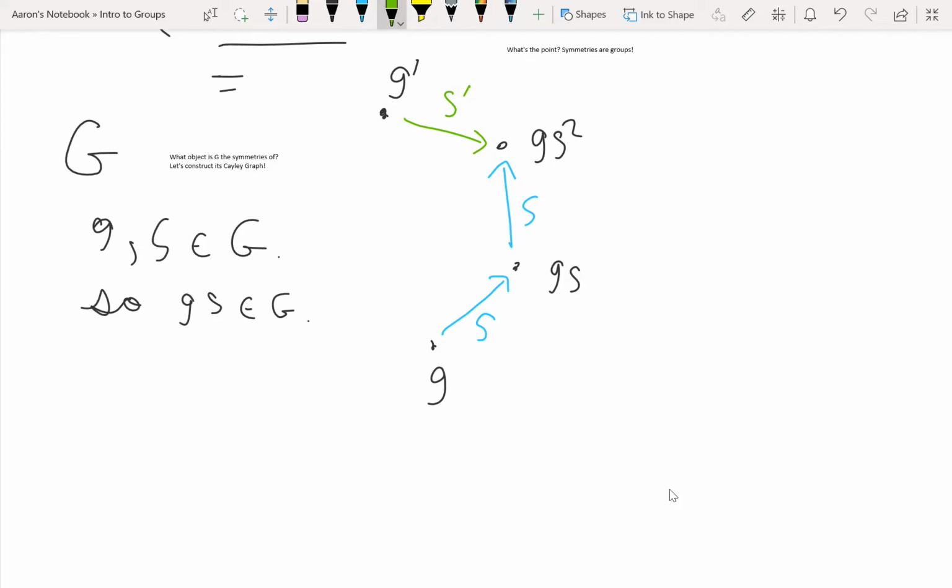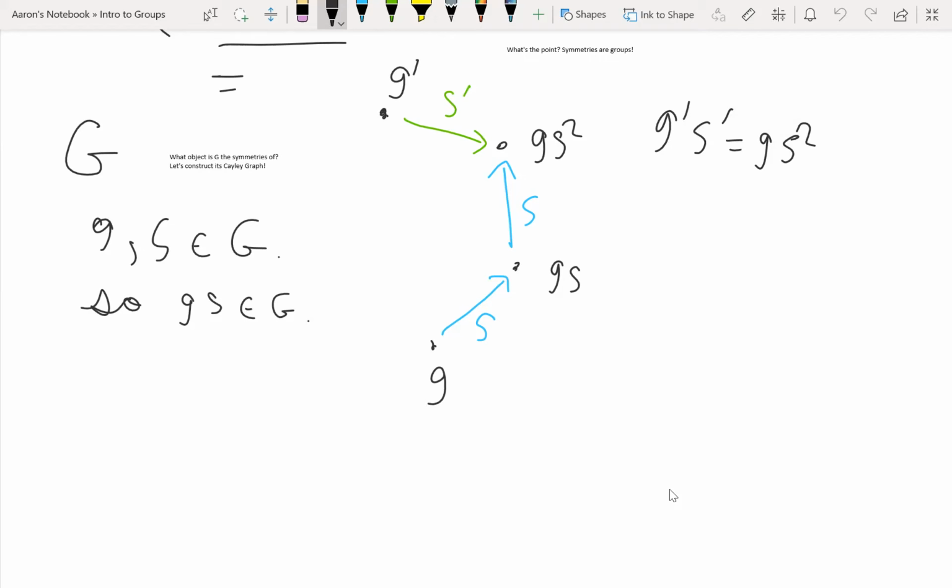So in other words, g prime f prime equals g times f squared. But the colors of the arrows represent what group elements we're using to get from one to the other.